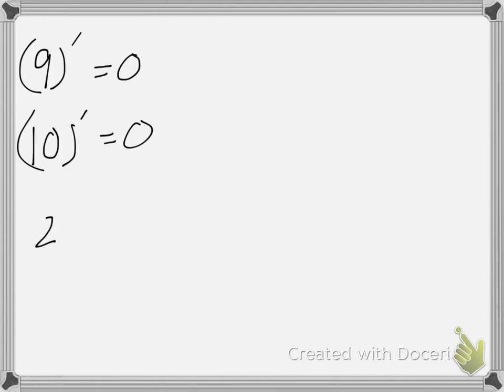Say 2 to the 10,000. It's going to be 0. I mean, it doesn't matter what you do. The derivative of a constant is always 0. So the sooner you get that ingrained in your head, which I'm sure most of you do, the better off you'll be.